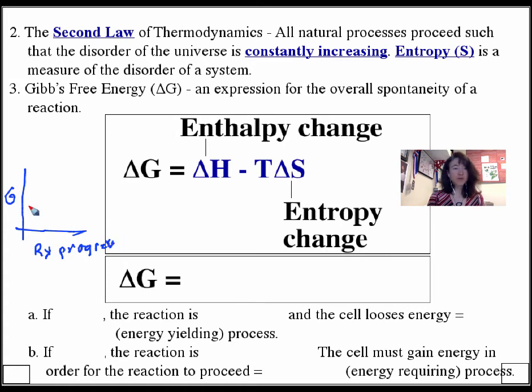And of course, remember, if we had a reaction in which the reactants were at a higher energy level than were the products, then we could recognize that reaction as being overall spontaneous or energy yielding. And so we can write an equation for delta G that also states things in that way. That is the free energy of the products minus the free energy of the reactants.